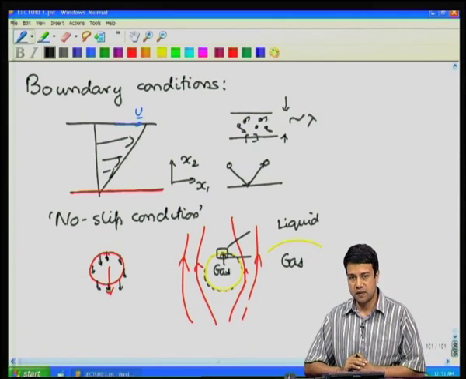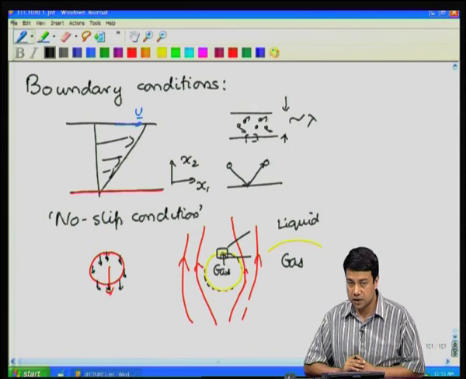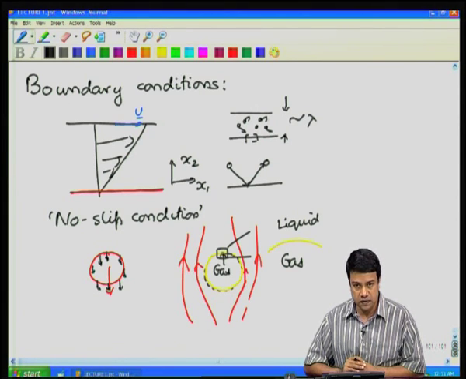Liquids typically have a viscosity that is about 1,000 times more than gases. And at the surface of the bubble itself, you require that the stresses have to be balanced. That is, the normal stress in the liquid is equal to the normal stress in the gas, the shear stress in the liquid is equal to the shear stress in the gas.